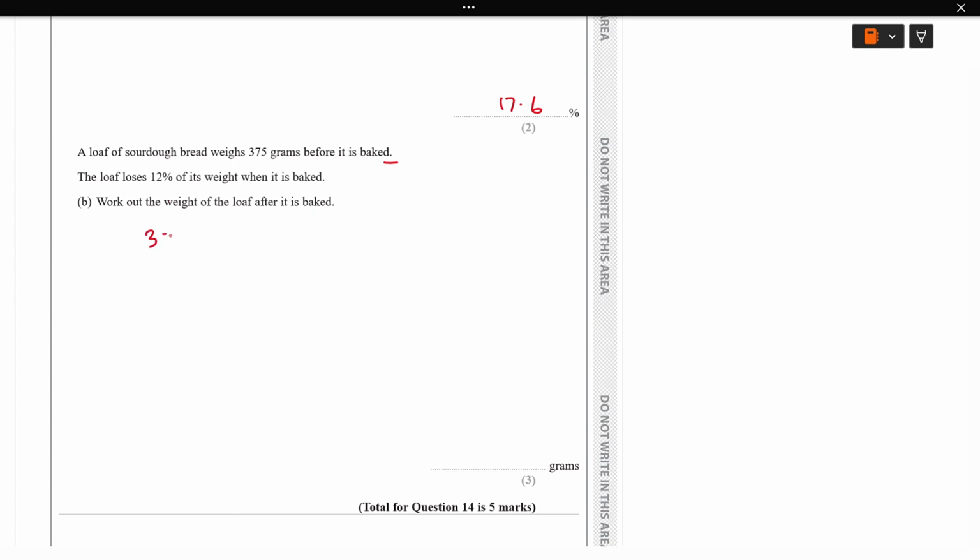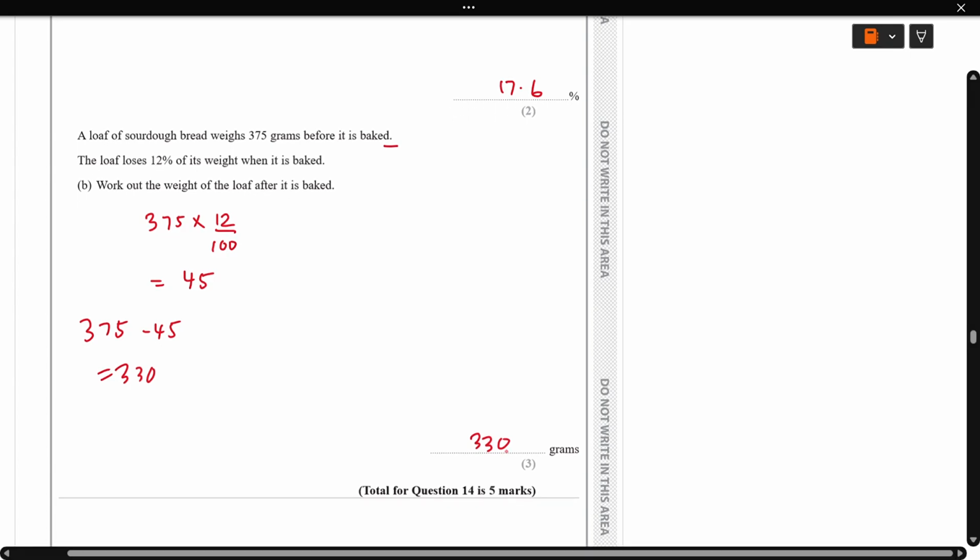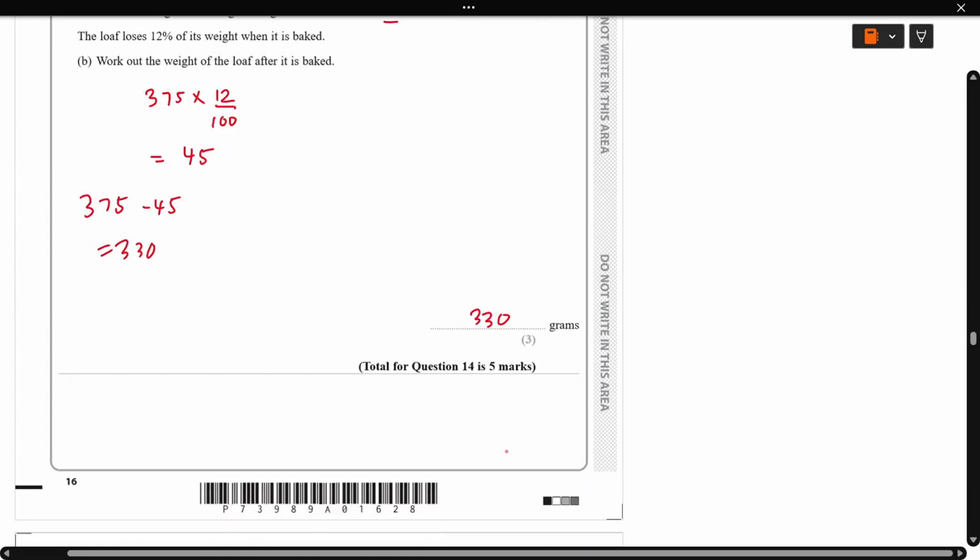First I'll calculate 375 times 12 percent, which is 12 over 100. 375 times 12 over 100 gives 45. So 45 is going to be reduced. The original weight is 375 minus 45, which is 330. So the final answer is 330 grams after it's baked.